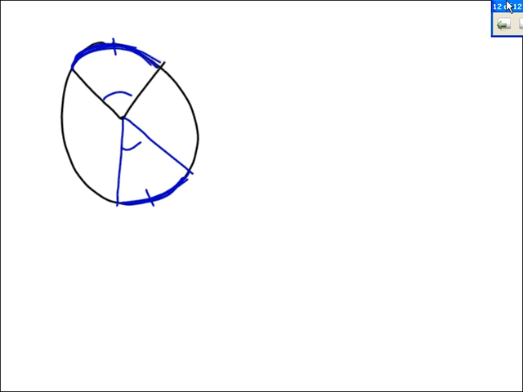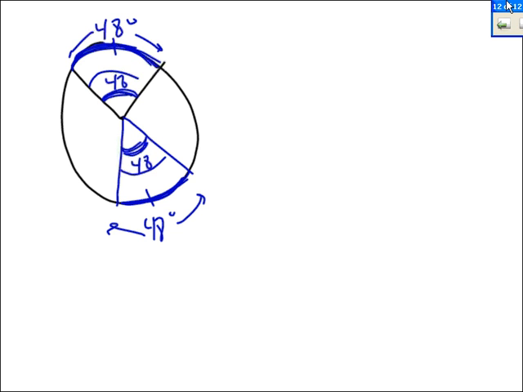If the chords in a given circle or congruent circles are the same length, they cut off the same number of degrees, then the central angles are equal. I mean, after all, if this is 48 degrees, and it equals this arc, which is 48 degrees, then guess what? The central angles are 48 degrees. And the reverse is true.